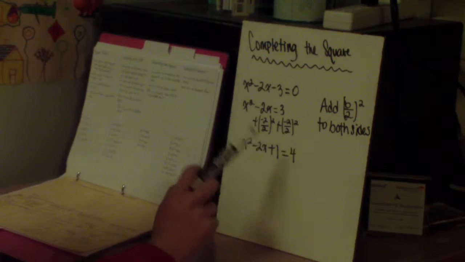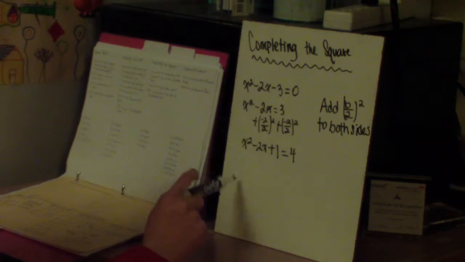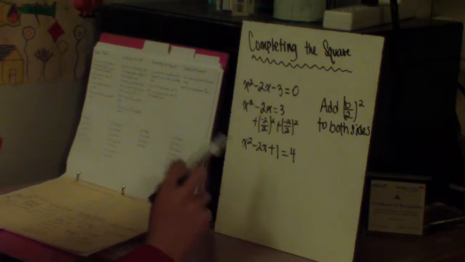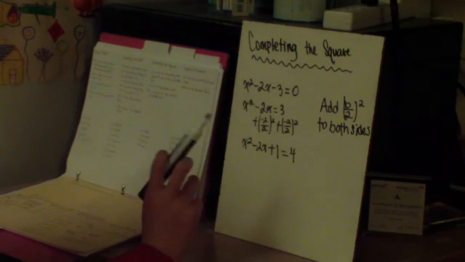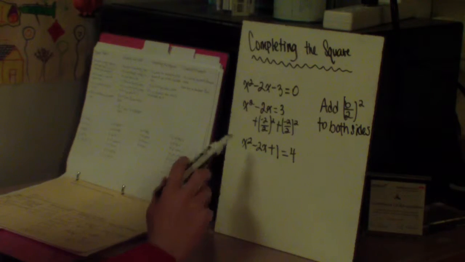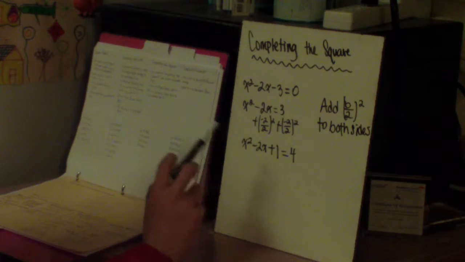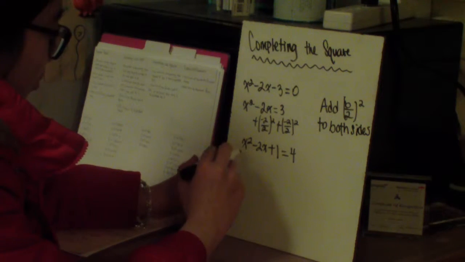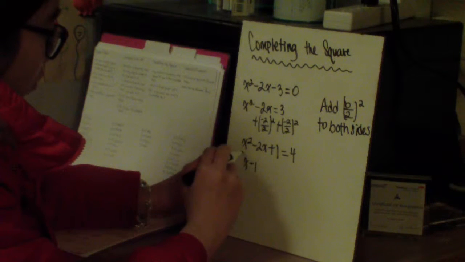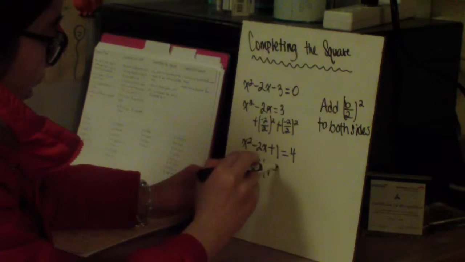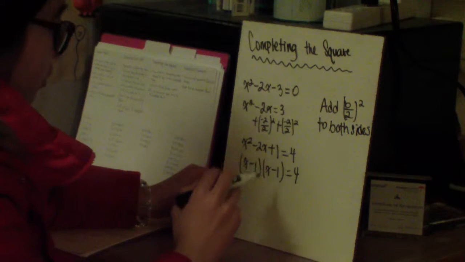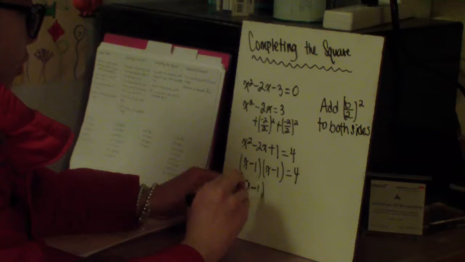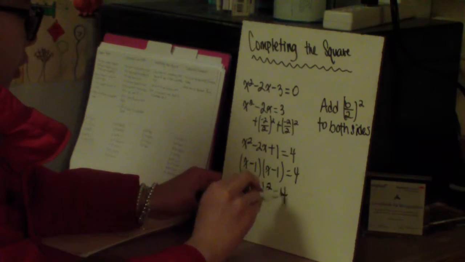But negative 1 works: negative 1 plus negative 1 equals negative 2, and negative 1 times negative 1 equals 1. So you get x minus 1 times x minus 1 equals 4, and you can simplify this into x minus 1 squared equals 4.